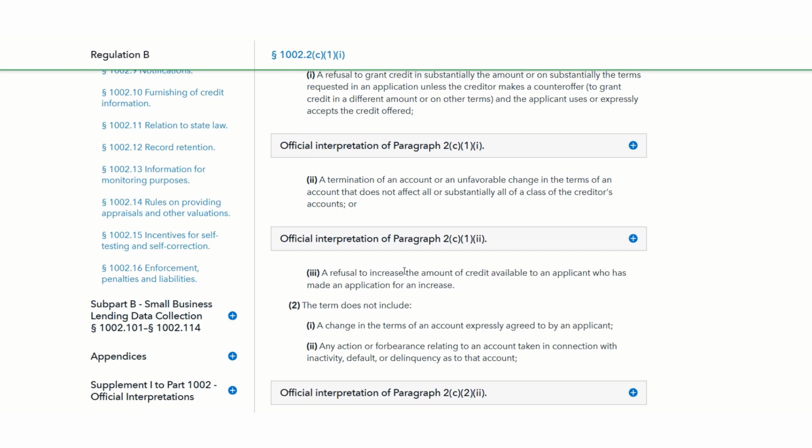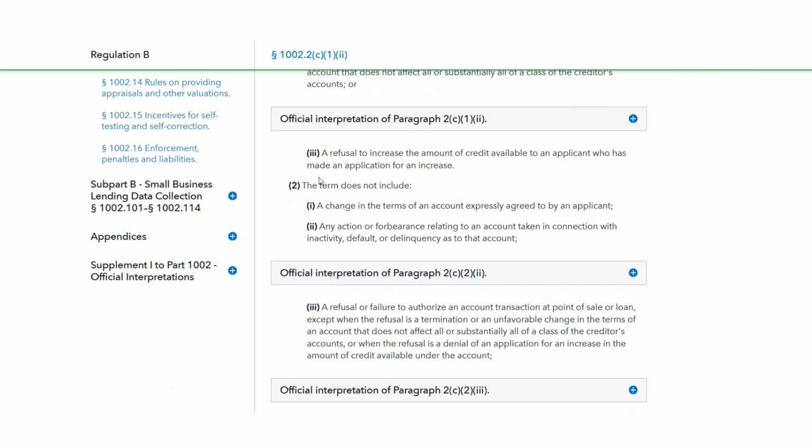A refusal to increase the amount of credit available to an applicant who has made an application for an increase. All right. So this is what you also need to understand. The term does not include a change in the terms of an account expressly agreed by an applicant. Right.